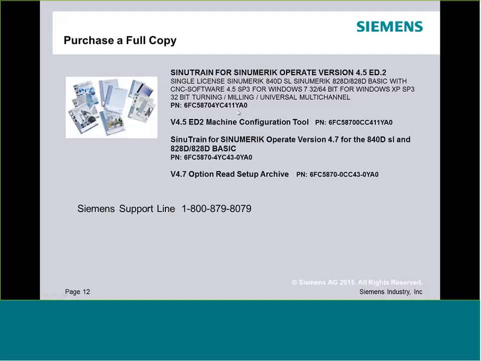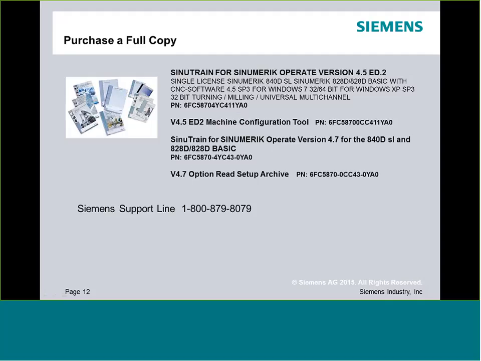So that's going to be our full version of 4.5. The add-on software for the machine configuration tool, which we'll talk about here shortly, has the part number down here. As well, you can get the full version of 4.7, and this would be the part number for 4.7.